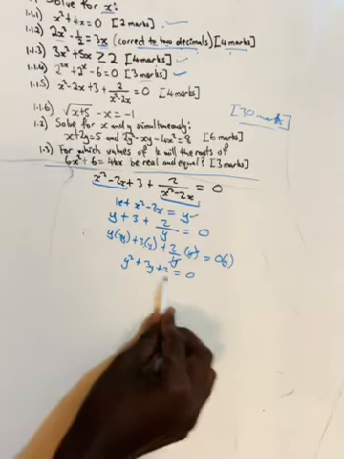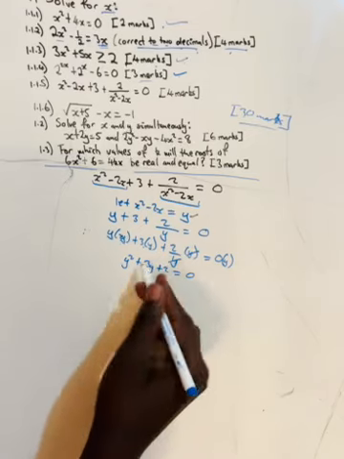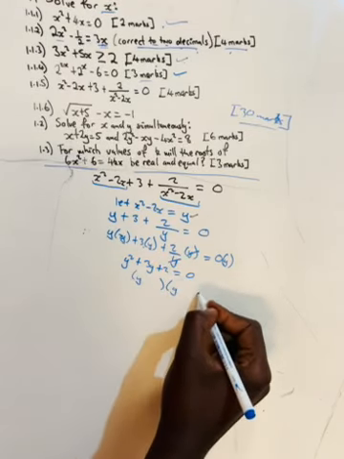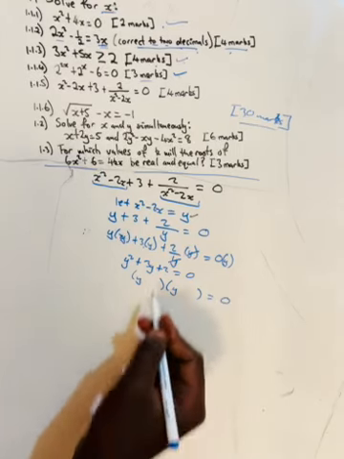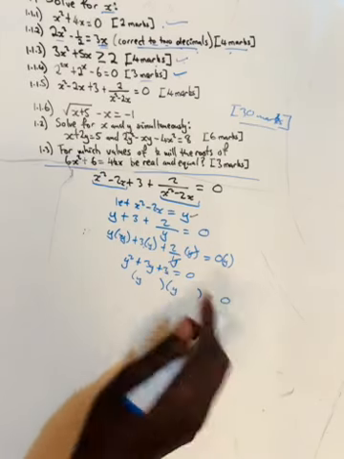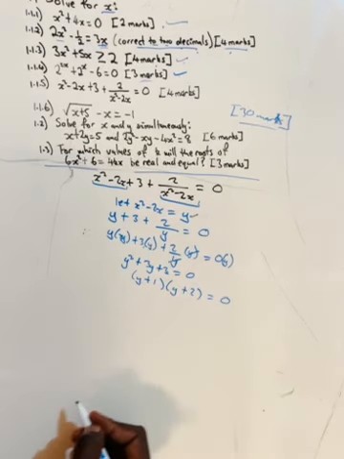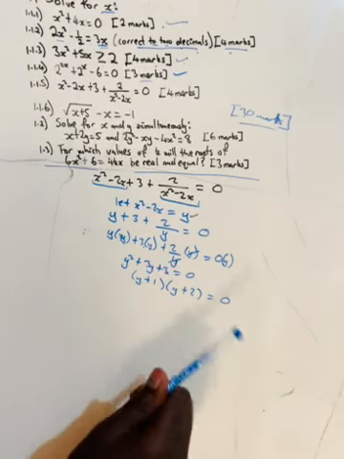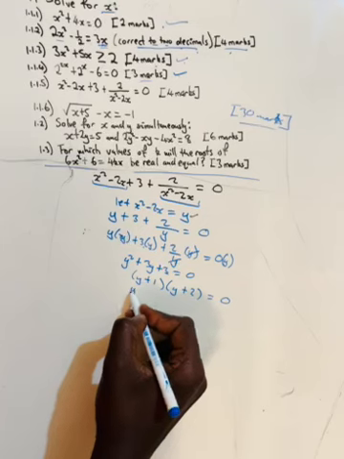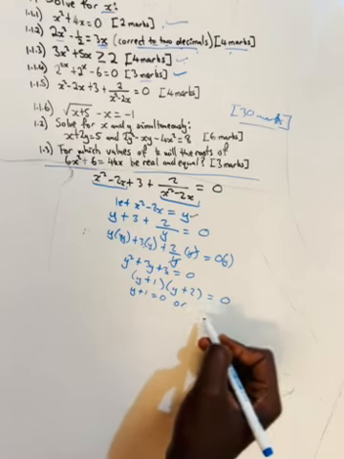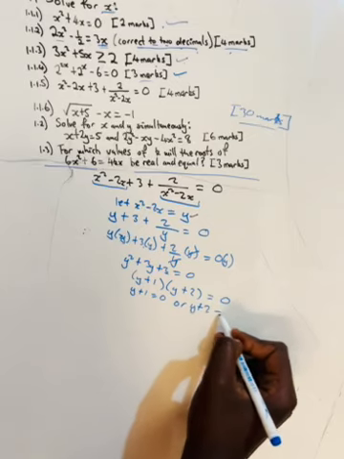From there now, what do I need to do? I need to factorize. So which means that here on this side I've got y, and on the other side I've got y, which is equal to 0. Now I've got 2, and the factors of 2 are what? Positive 1 and positive 2, right? When I proceed now, I'm saying that I've got y plus 1 is equal to 0, or y plus 2 is equal to 0.